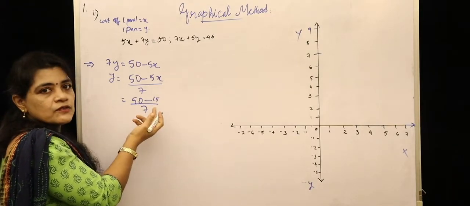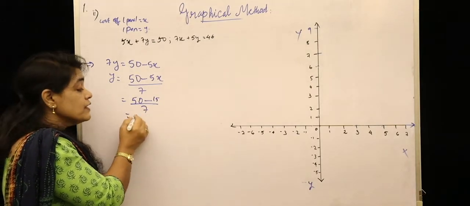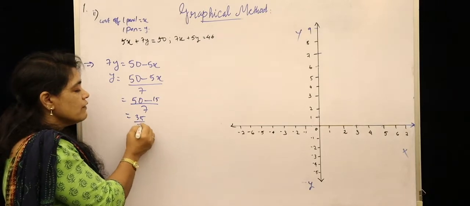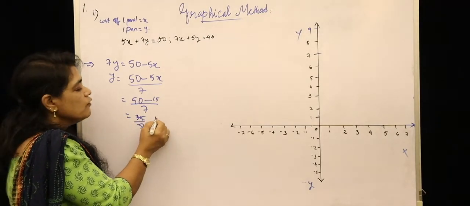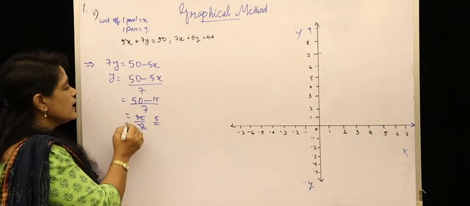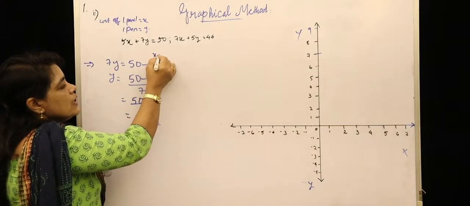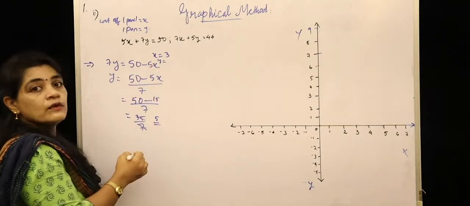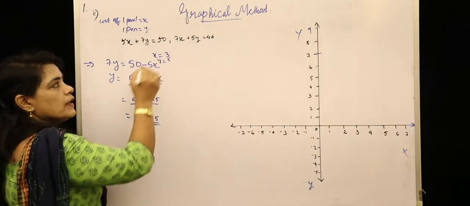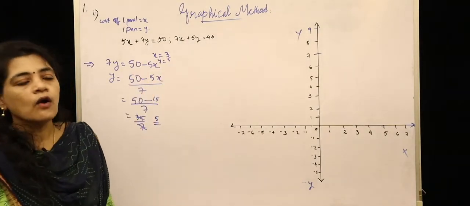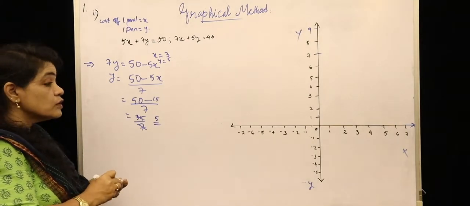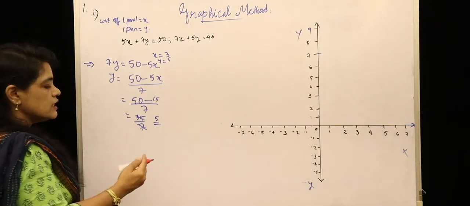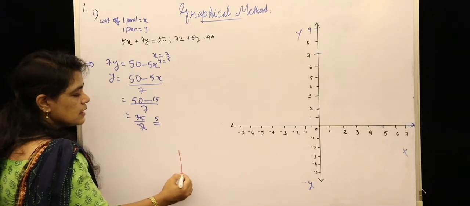So 50 minus 15 is 35, which is a multiple of 7. So the 7 gets cancelled in 35, 5 times. So when x is equal to 3, we get y as 5. Understood, is the idea clear, children? Okay, so I am going to draw the solution set for the first equation, and that is here.